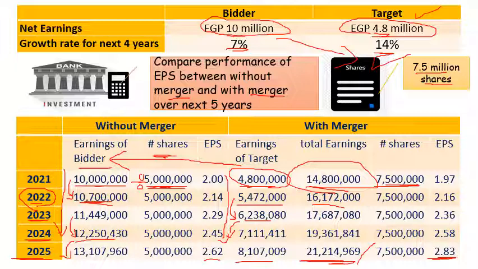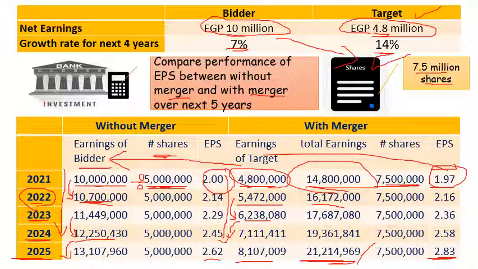So if we conduct this analysis, the investment bank will tell the bidder that at the end of the current year earnings per share without merger is greater than with merger. But this is the initial effect of merger, a short-run effect. The merger will result in a little decrease in the earnings per share.